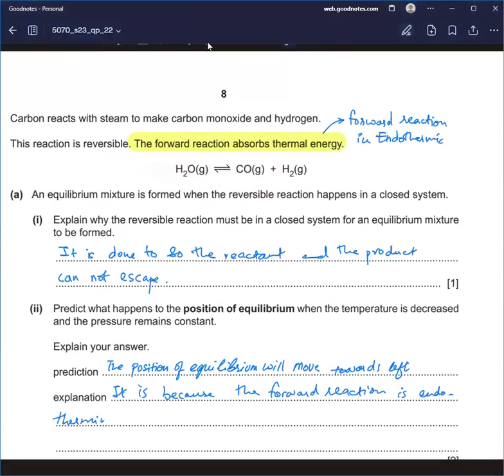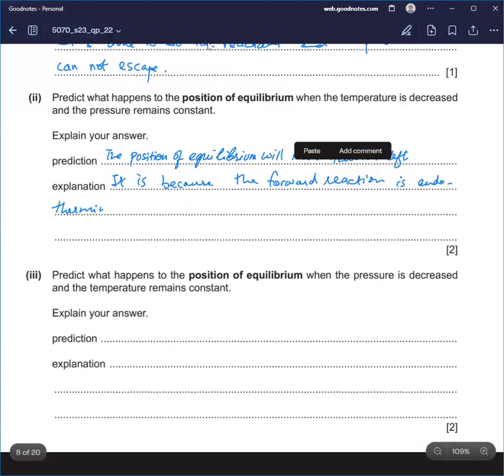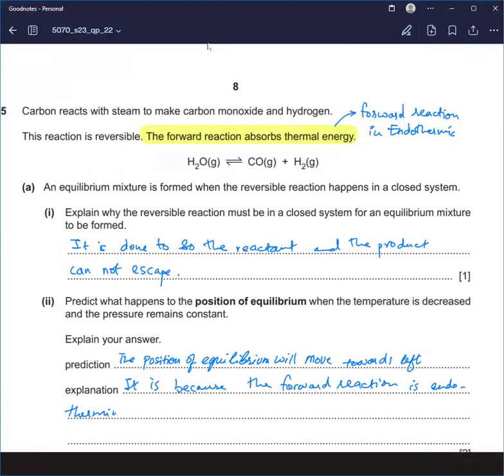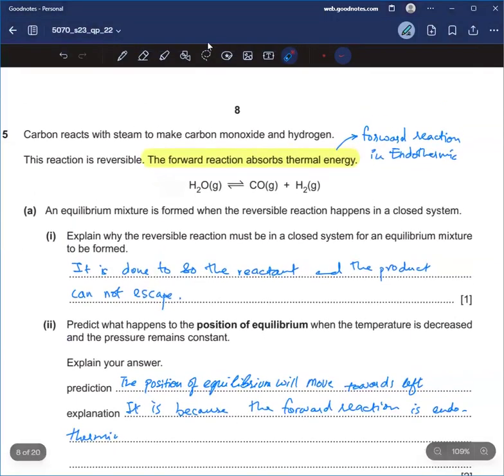And here the pressure is decreased. We know that when the pressure is decreased, the position of equilibrium will move towards the side with the greater number of moles. The greater number of moles is at the right hand side, 1:2, so it would move towards the right hand side.